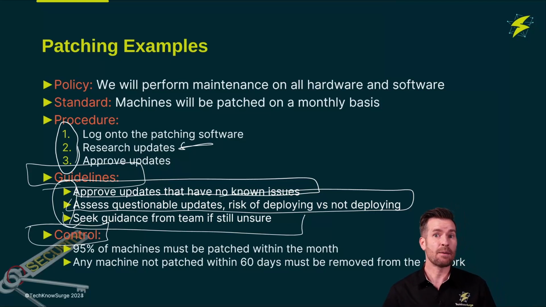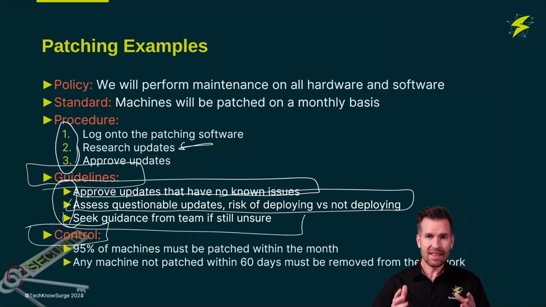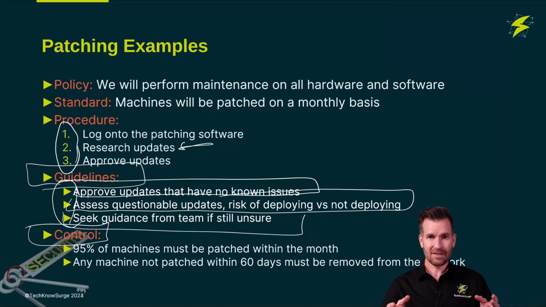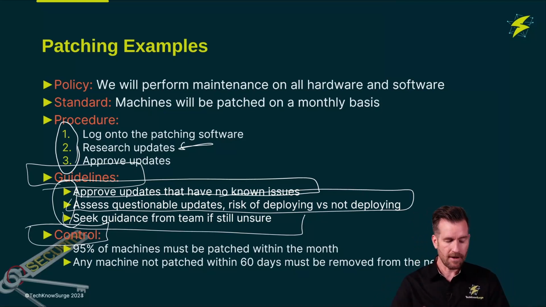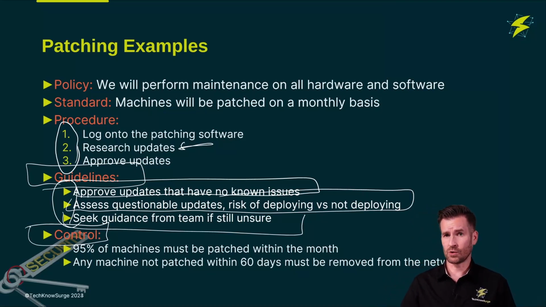And then we need proof that we're actually following these standards, that we're actually following these controls. So maybe a printout or a report from the patching software that says where all the machines are at from a patching perspective. It's something that I can turn over to, let's say, an auditing agency. That's where these controls really come into play.